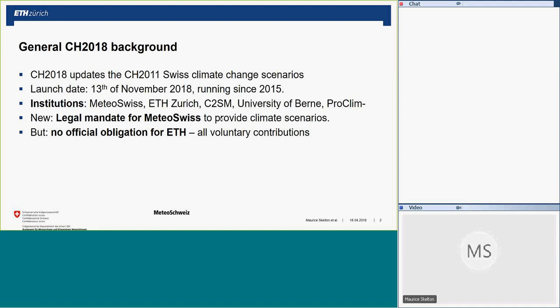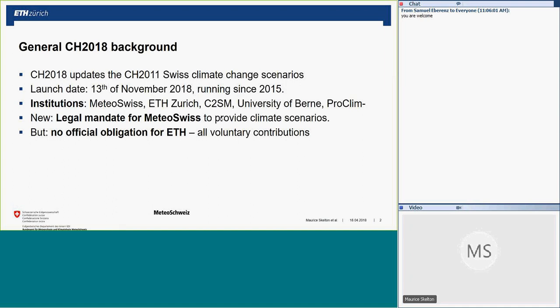So compared to the last round, maybe there's one interesting feature here: the new legal mandate for MetOffice to provide climate scenarios. So MetOffice is now officially mandated to do this, but this doesn't extend to others, who can choose if they want to collaborate with other climate scientists. So currently, CH2018 contributions from ETH are all voluntary.